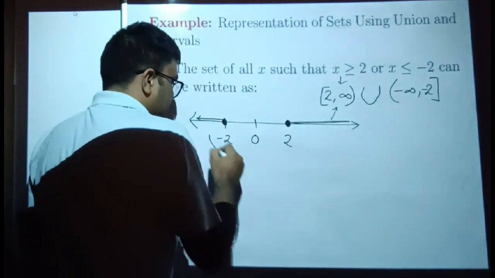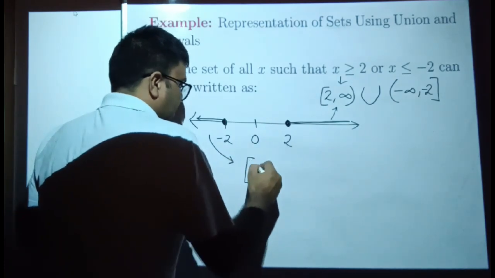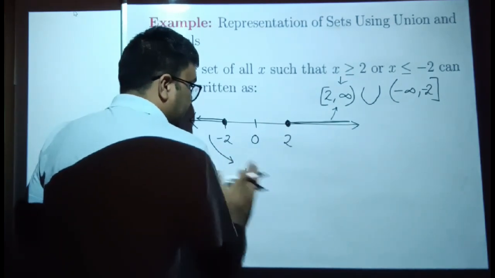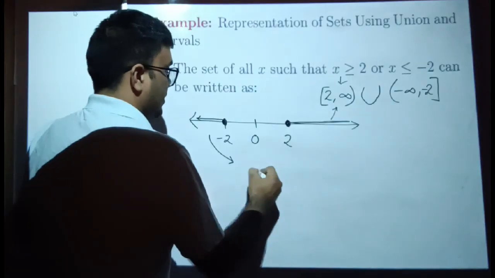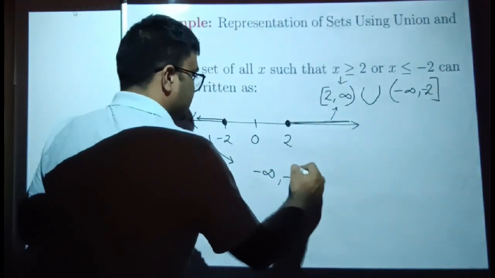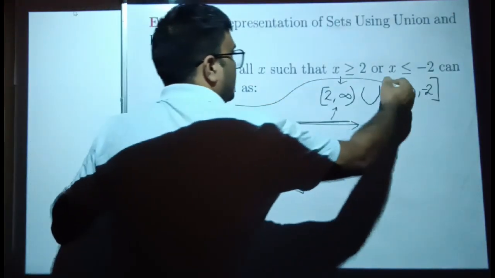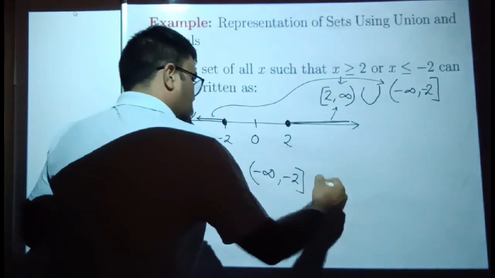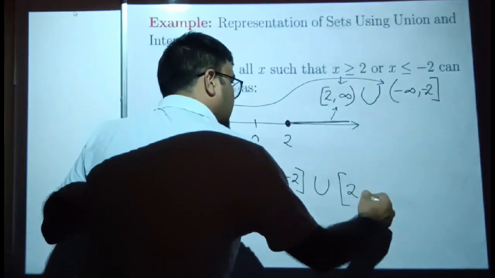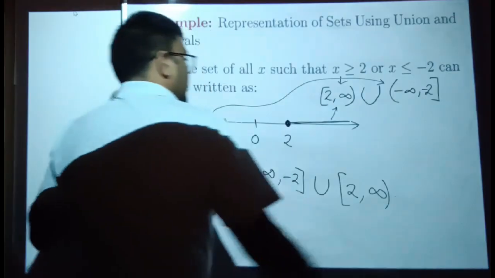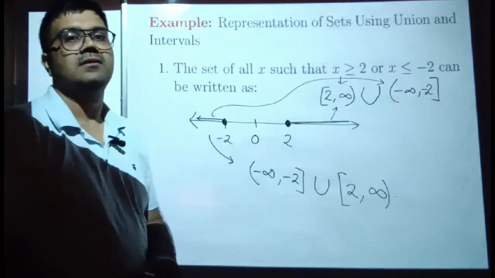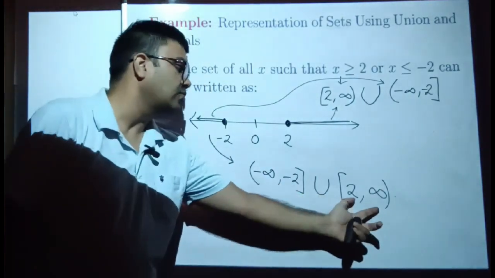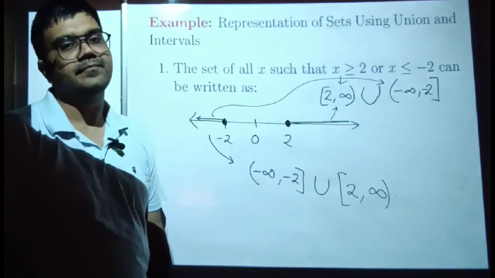So the answer we have over here is the interval minus infinity comma minus 2, this part I am talking about, union closed interval 2 comma infinity. So this is the union of the two intervals.